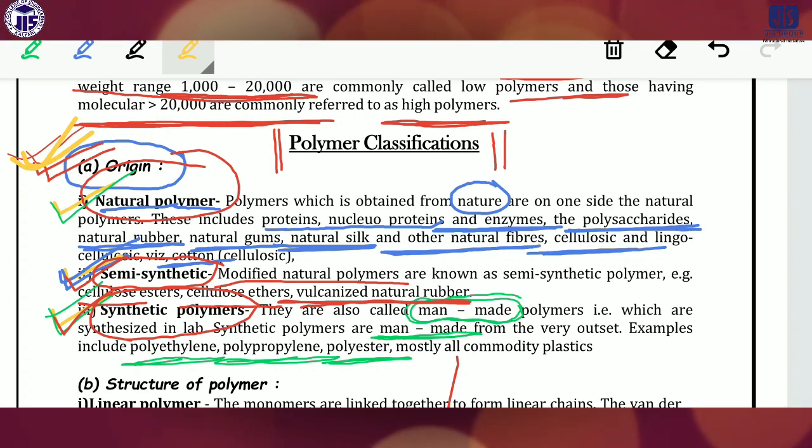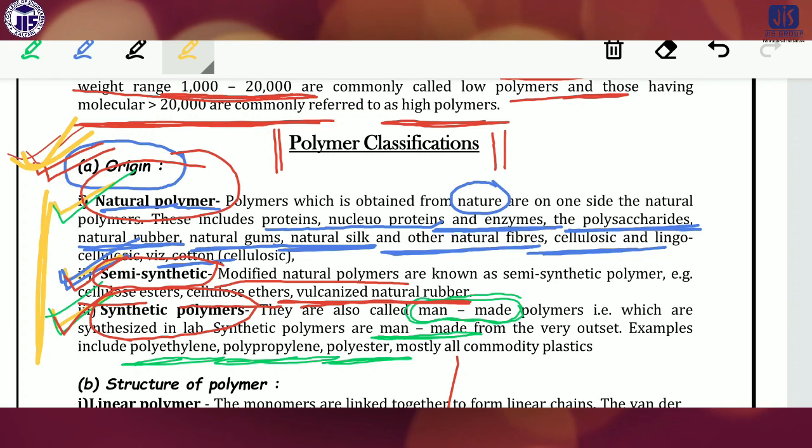Then write down the three classifications. This is for your own purpose. You have to make a note by yourself of how many categories there are for polymer classification, and then write down each and every point under a specific type of classification. Under origin, write down three types of classification with the specific definition and the examples.